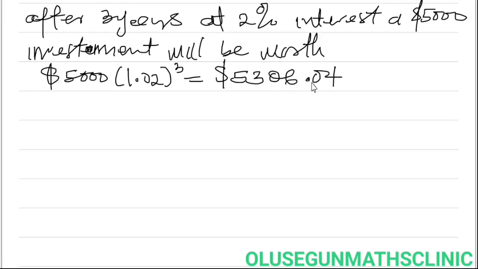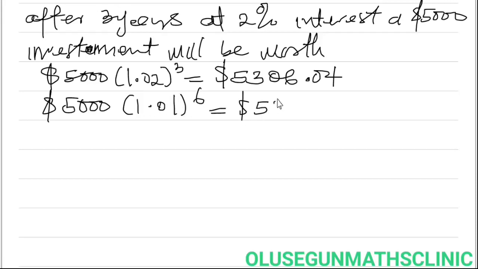For 6 years, the compounding interest with 1.01 raised to power 6 will give us, in dollars, 5307.60. But this is not exactly where I'm going.